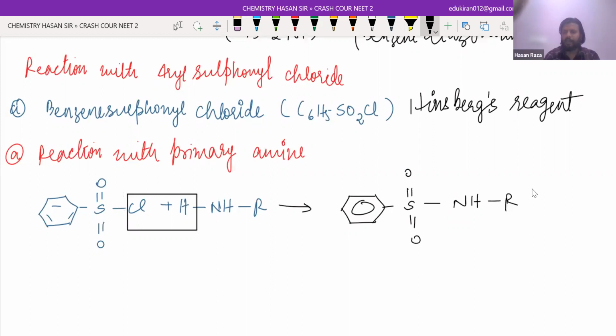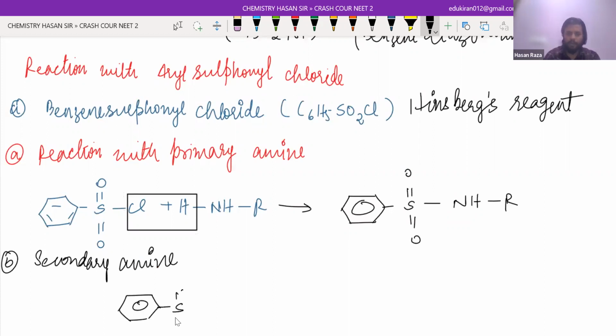This is what you will get. And again, a similar reaction will be done with secondary amine. So if you have secondary amine, this benzene sulfonyl chloride will be reacted in this way. It will be NH and R will be there, and there will be hydrogen.